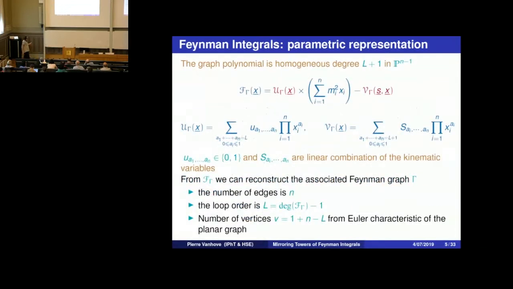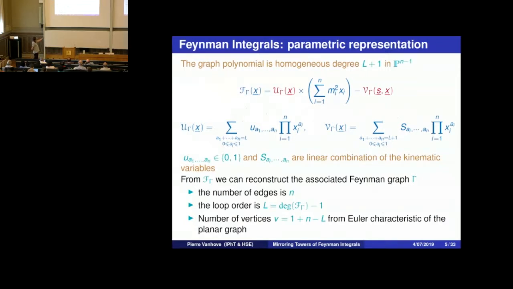Okay. So the graph polynomial is the thing that completely characterizes your Feynman graph. It is a homogeneous polynomial of degree L plus 1 in P^(n-1) that has a very, very special form.